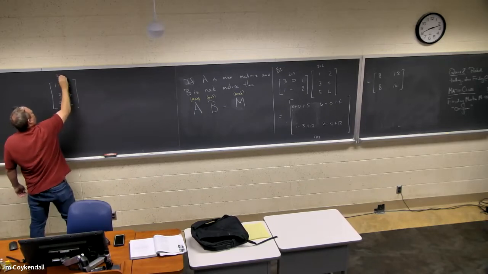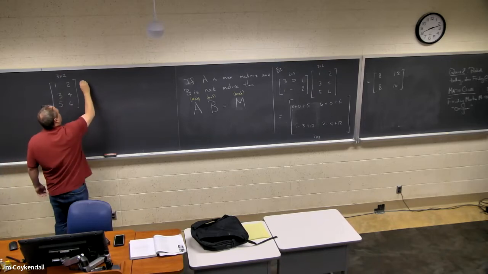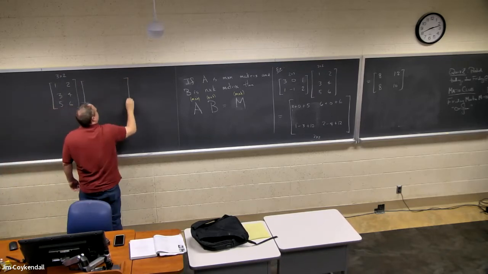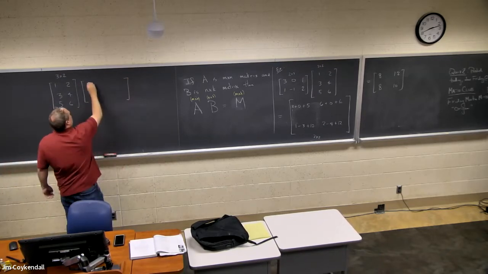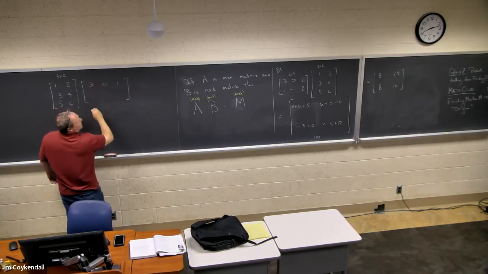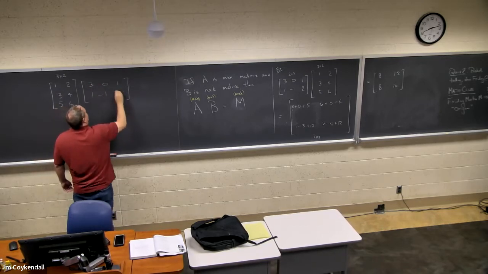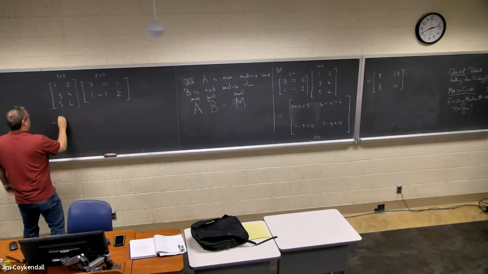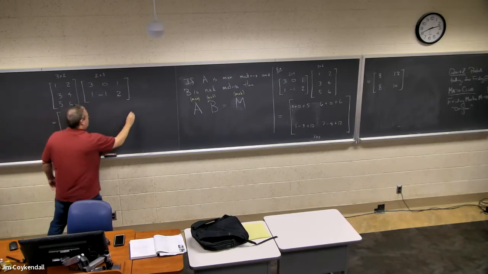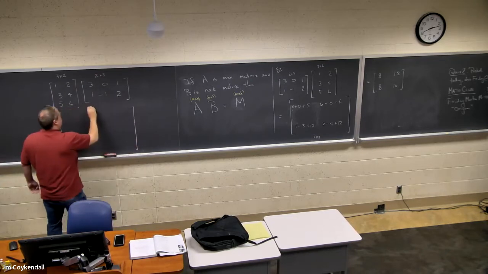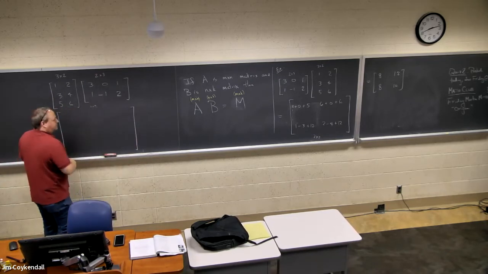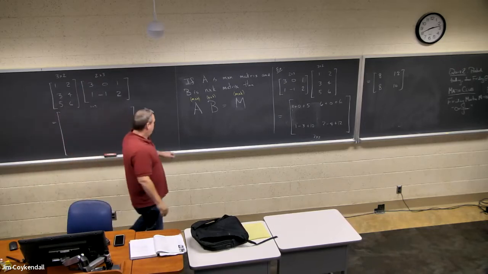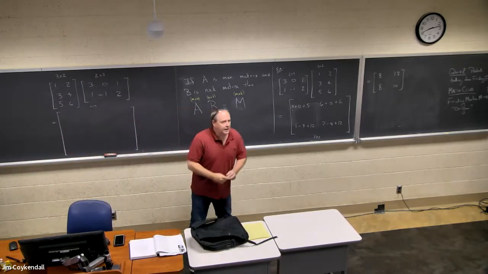This is a 3-row by 2-column matrix times the matrix 3, 0, 1, 1, -1, 2. And this should result in a 3 by 3 matrix. Everybody okay? All right, let's zip it up.